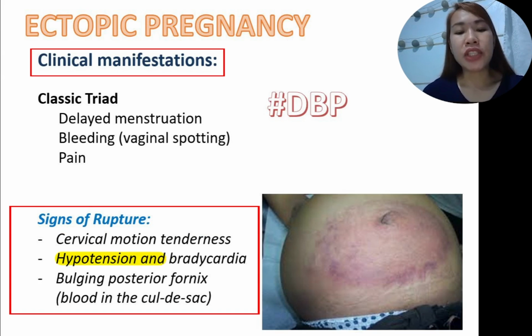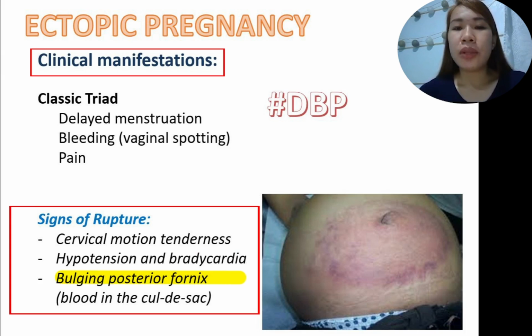Another is hypotension and bradycardia. You assess the blood pressure of the mother, and the mother is now becoming hypotensive, and the heart rate is slow. So you may think of internal bleeding. Even if it's not evident, you think of internal bleeding. Next, we have bulging of the posterior fornix.